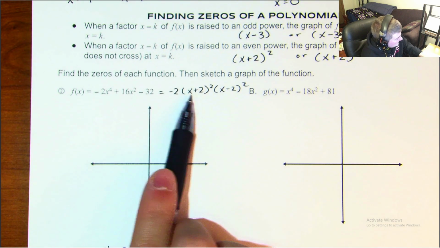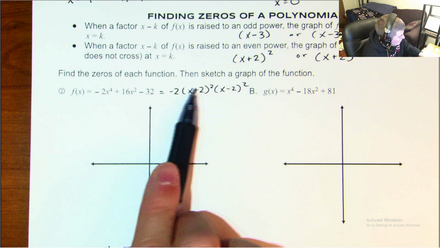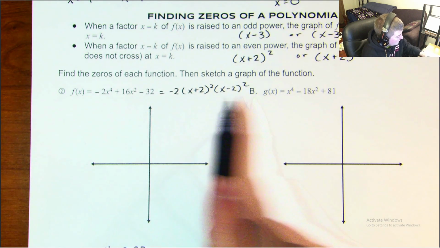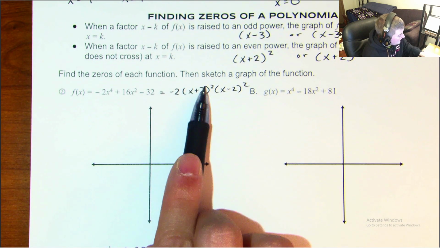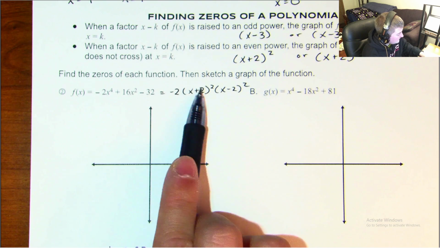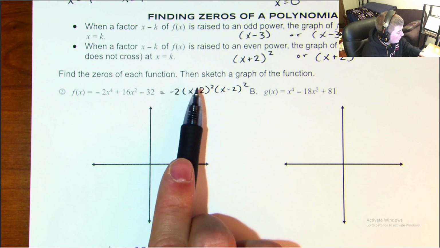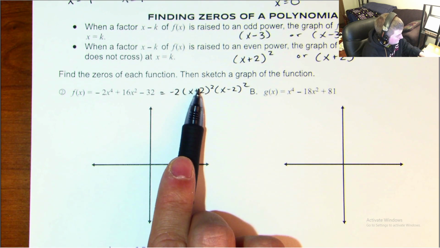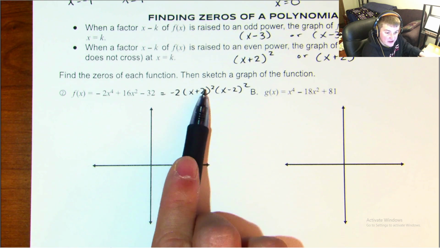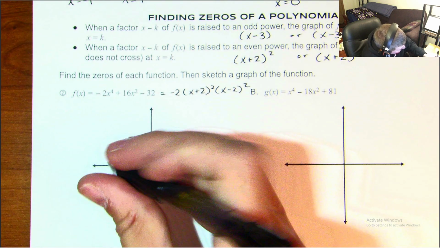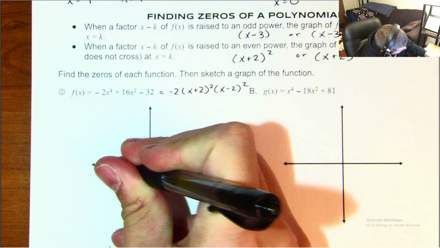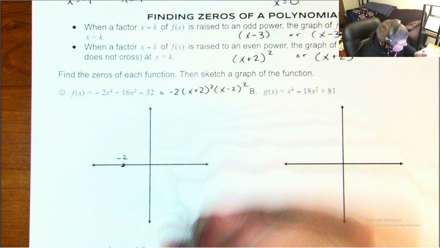If I look at this factor, x plus 2, the x value that makes it 0 is where it crosses or touches the x-axis. That value is -2, so my graph is going to touch or cross at -2.